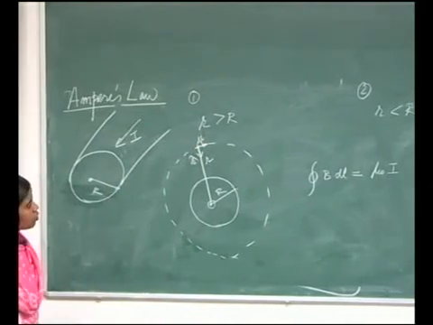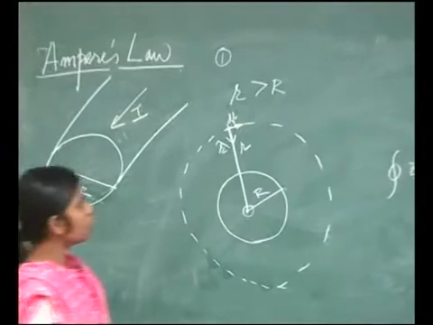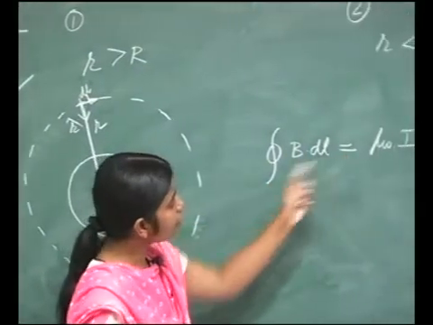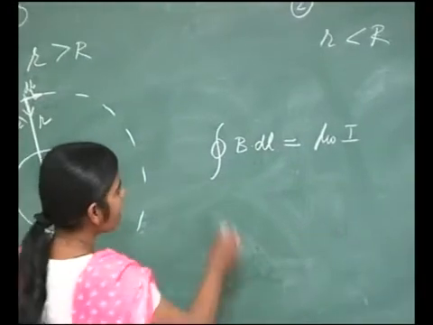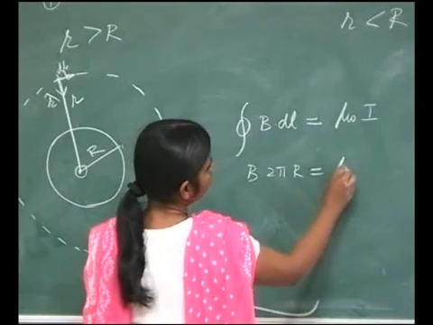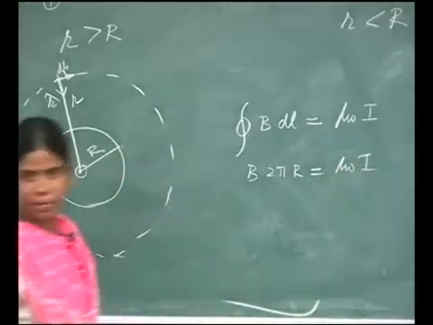So when I do B dot dl over the entire loop, what I get is B into 2 pi r is equal to mu 0 I, simple.